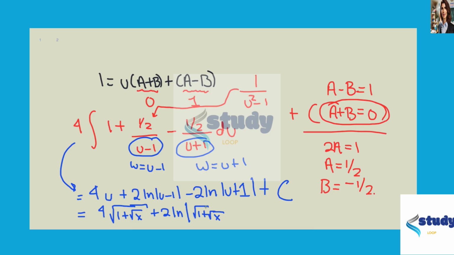Technically, you can drop the absolute value here if you write it this way, because this first radical is bigger than 1, but that's not too important right now. And then we have u plus 1, absolute value, and then plus our constant c of integration. And that will be our final answer.